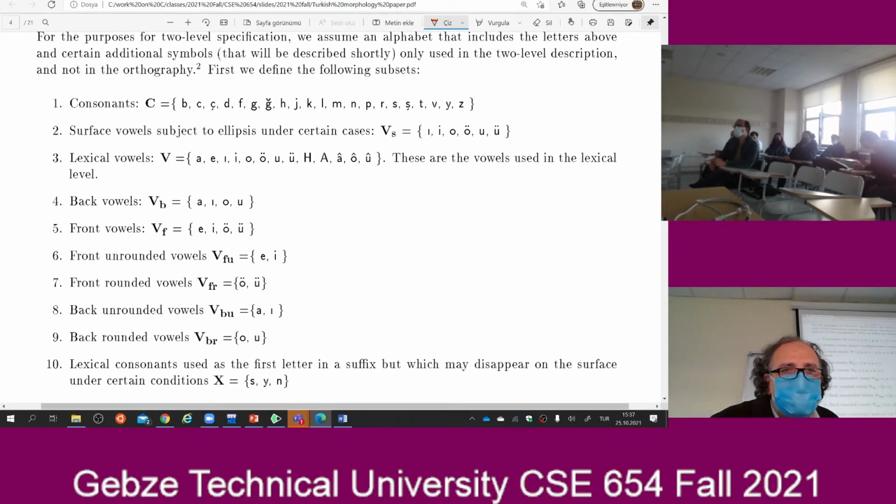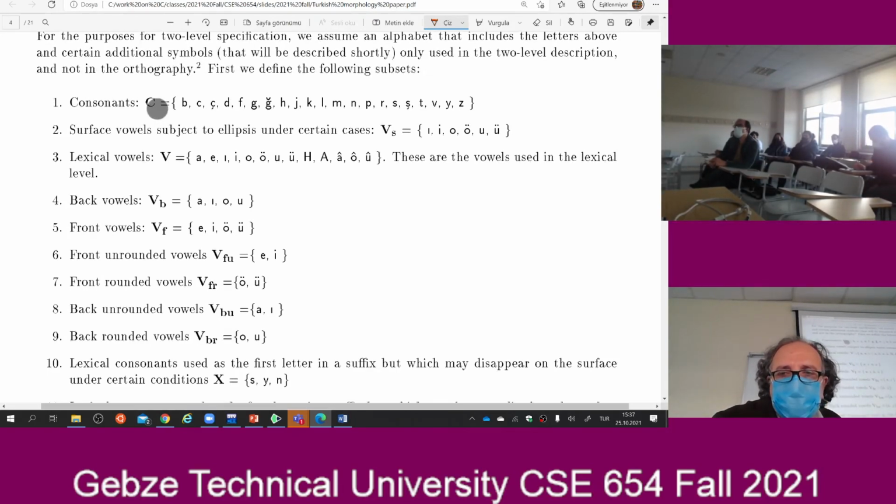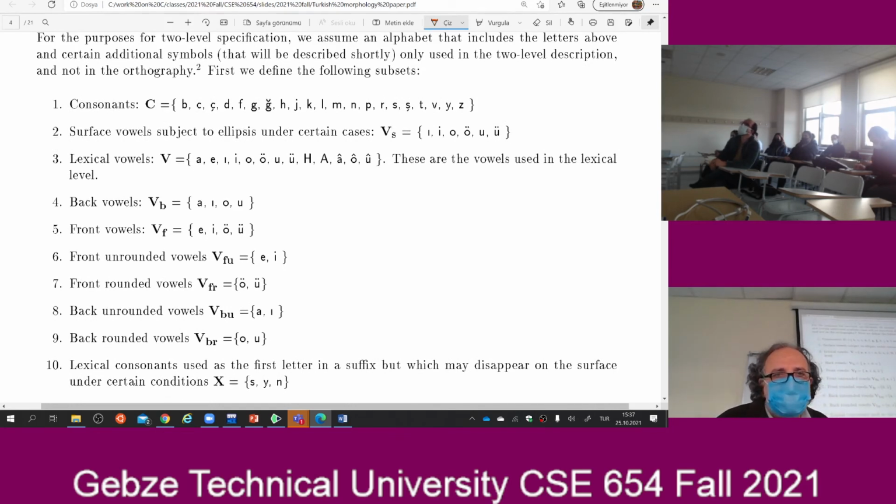For the consonants, we are going to use this capital letter C, for all the consonants. VS is the surface vowels, and these are the lexical vowels. What do we mean by these?